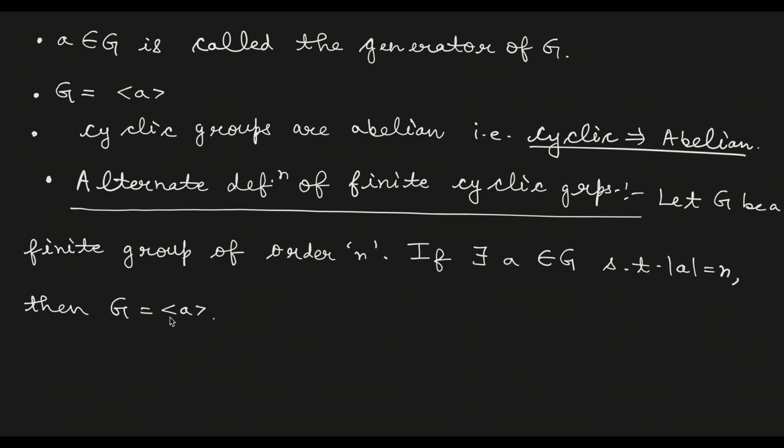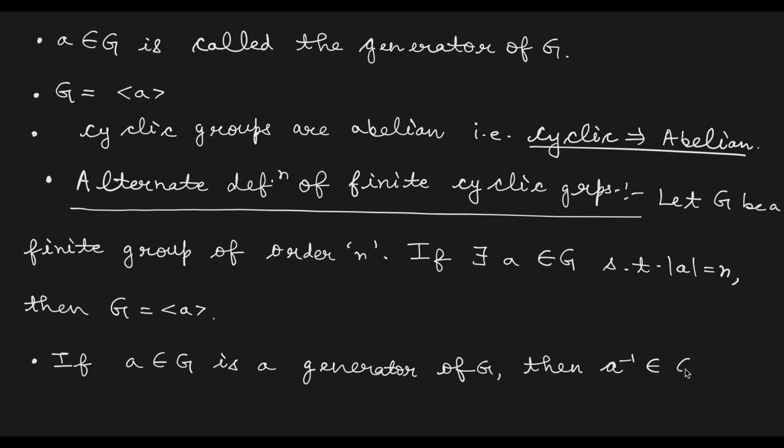There exists A belonging to G such that order of A is equal to n. Then G is equal to generator A. Next, if A belonging to G is a generator of G, then A inverse belonging to G is also a generator of G.